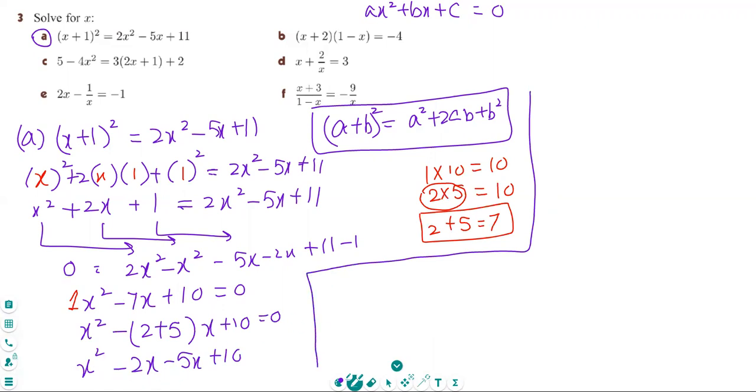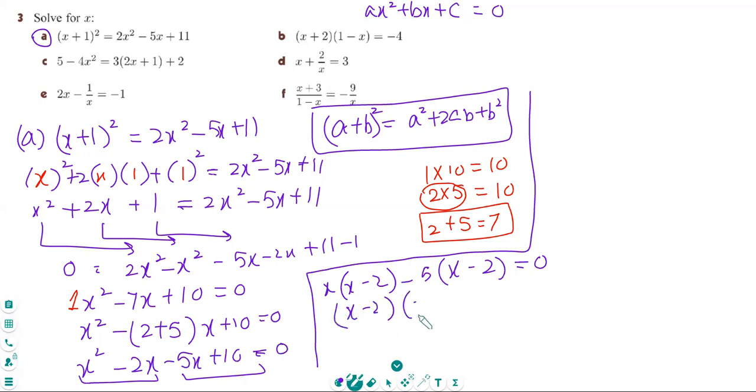Now taking common in the first two terms, x will be common and x minus 2 will be the leftover. Similarly, this negative sign as it is, and common in the third and fourth terms is obviously 5 and x minus 2 will be the leftover. This positive sign becomes negative like this. So anyways, x minus 2 common and x minus 5 leftover, equal to 0.